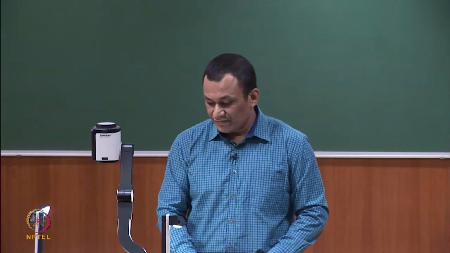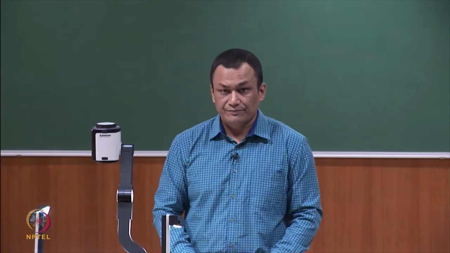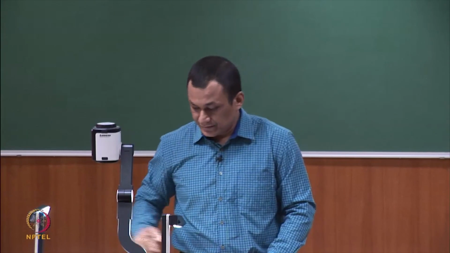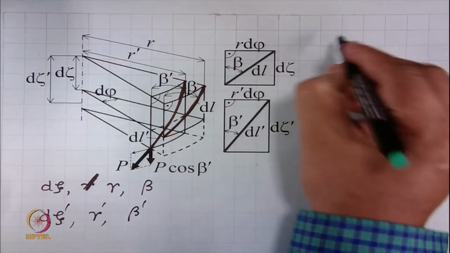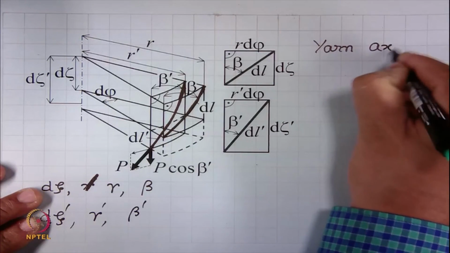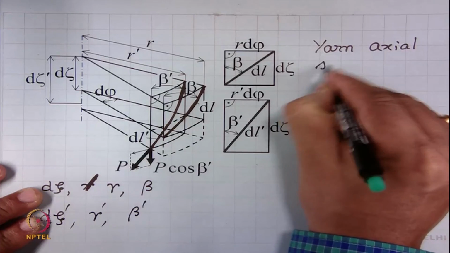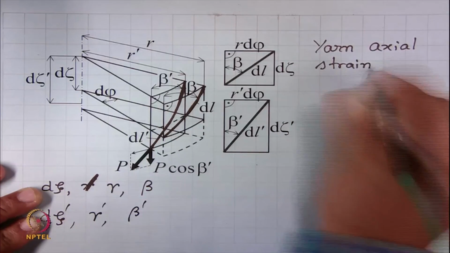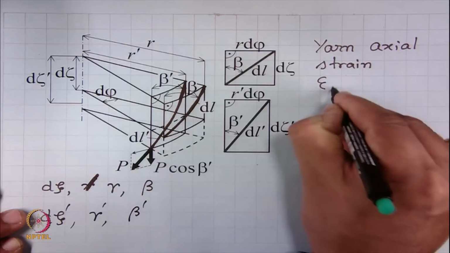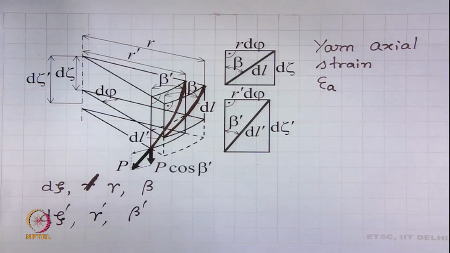Now, we will define three quantities. One is yarn axial strain, we use this symbol epsilon subscript a. This is the change in the axial distance divided by the original distance.